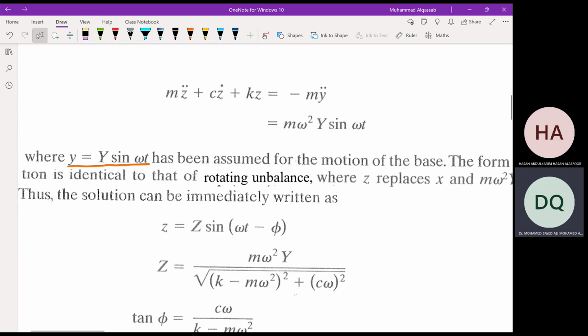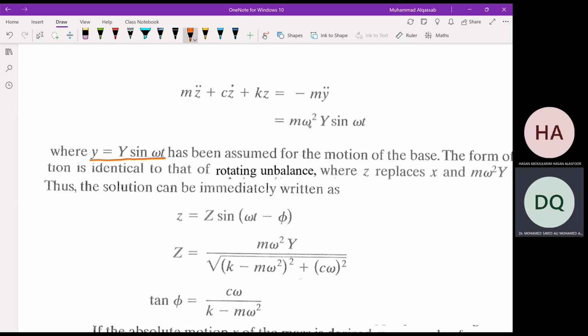Now this equation is in z, not in x. You can solve for z, and the equation is identical to the rotating imbalance, where the right-hand side was m omega squared e sine omega t. But in the rotating imbalance, the equation was in terms of x, not z.